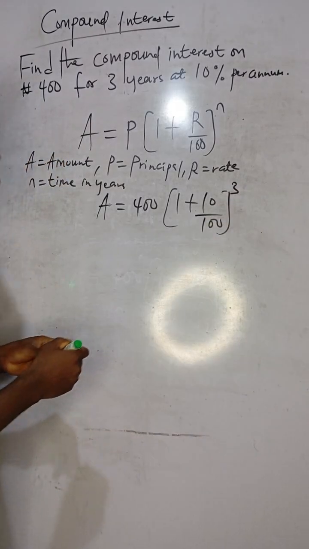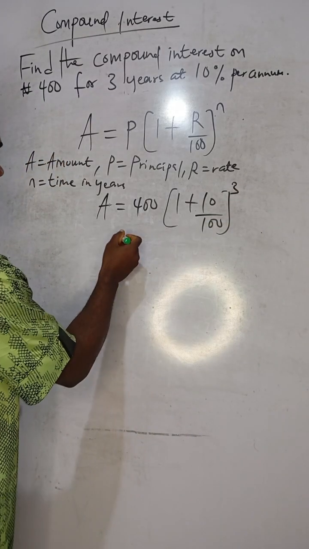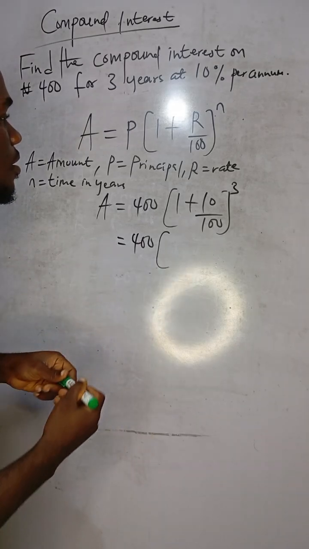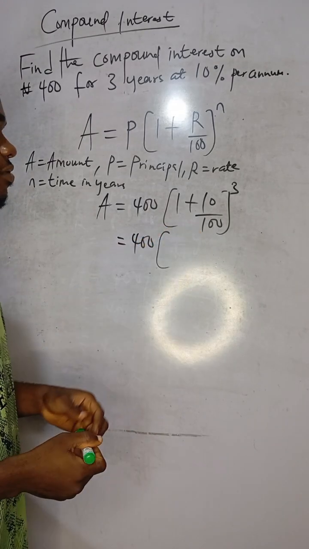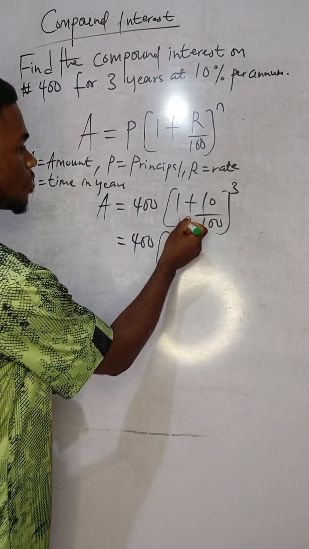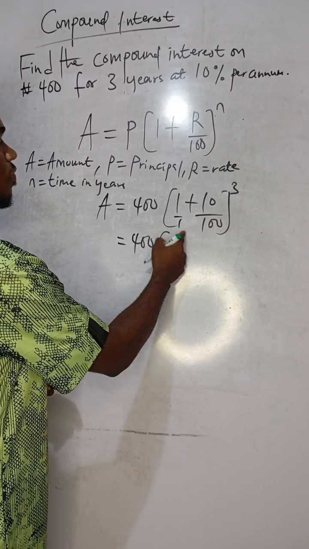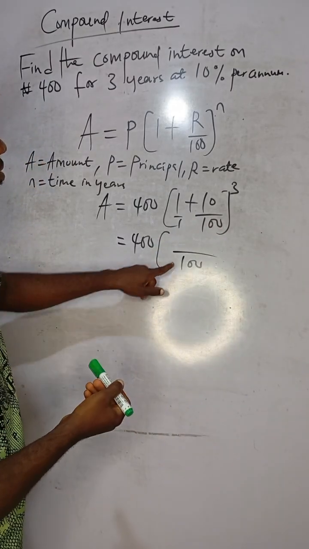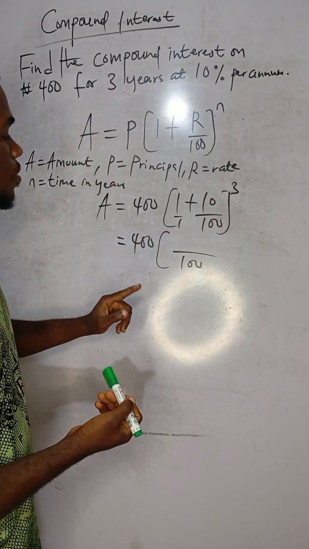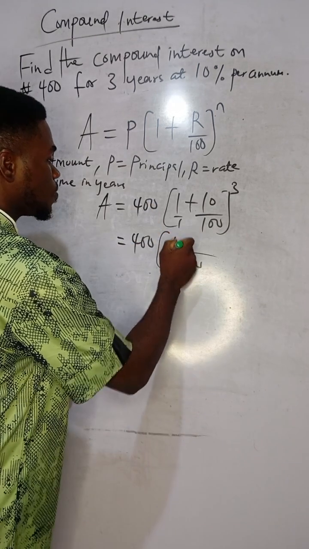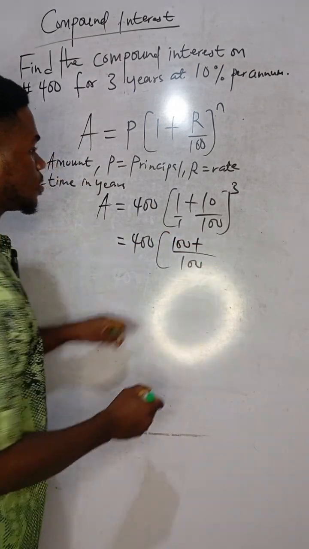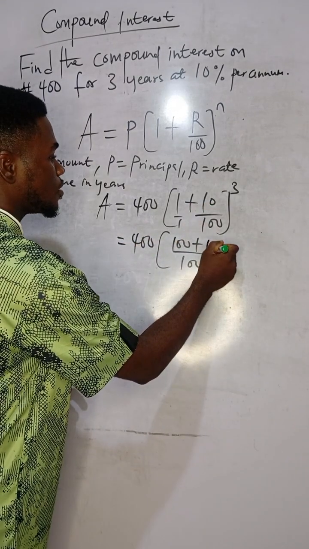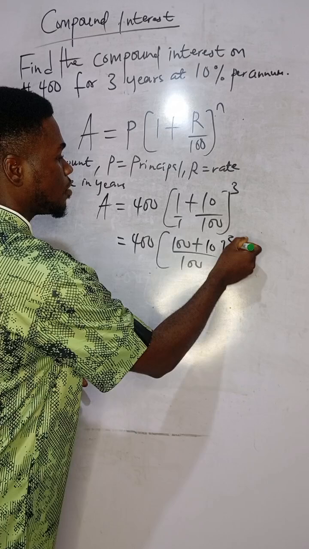Now what you want to do here is solve the bracket first. I can use LCM to resolve this to look even simpler. Just put over 1 here. LCM of 100 and 1 is 100. 100 divided by 100 is 1, 100 divided by 1 is 100. 100 times 1 is still 100, plus 100 divided by 100 is 1, 1 times 10 is 10, to the power of 3.